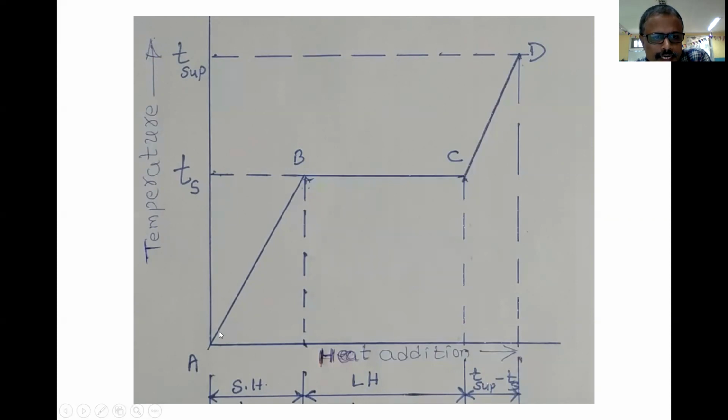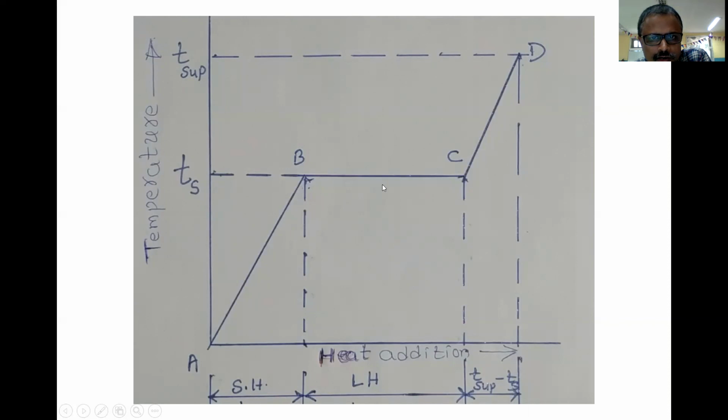So you have to understand the line AB, the line BC and the line CD properly to know the steam formation. In line AB, water is heated from 0 degree centigrade up to its boiling point. Once you reach the boiling point or saturation temperature, further heating will not increase the temperature.